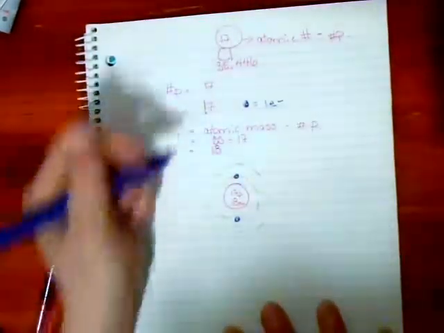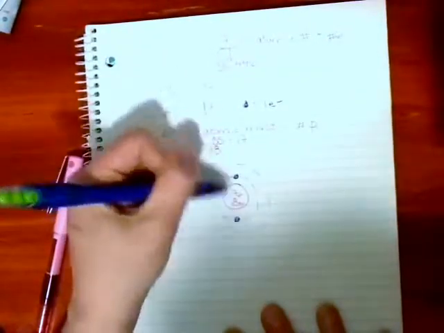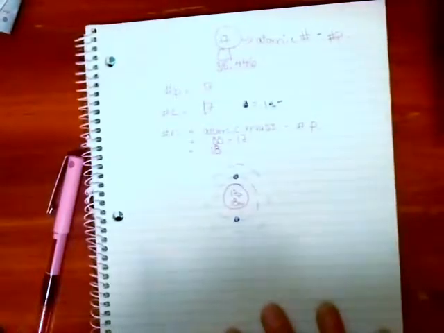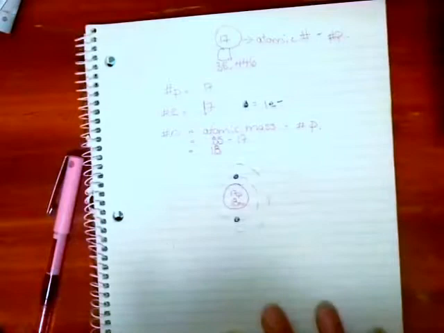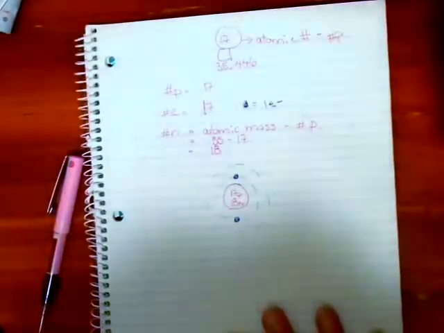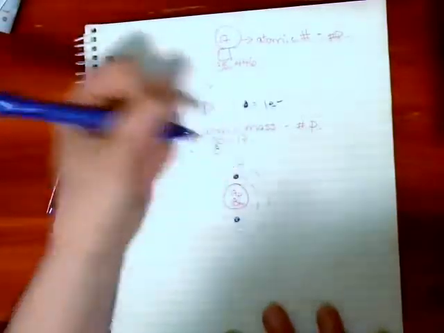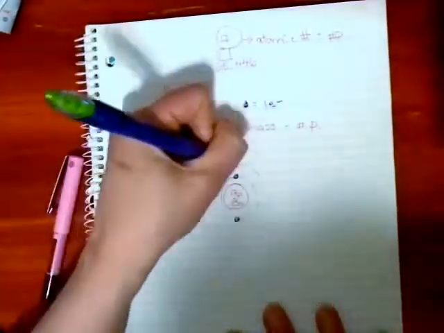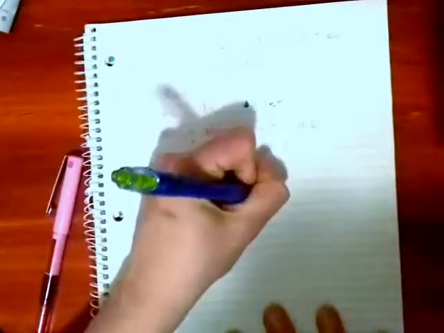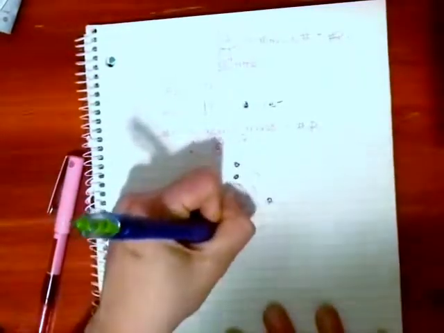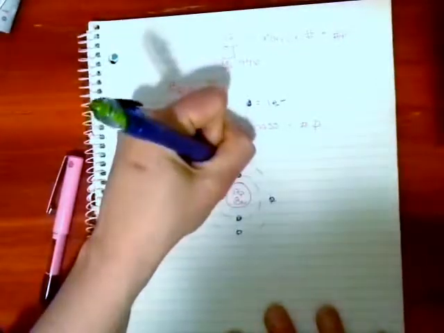Okay, I've only done 2, so I still have 15 left. So when you're filling in the second orbital, and it can take 8 as a maximum, I don't just start going 1, 2, 3, 4, 5, 6, 7, 8. What you do is you first draw them as singles, okay? And then you start giving them partners.